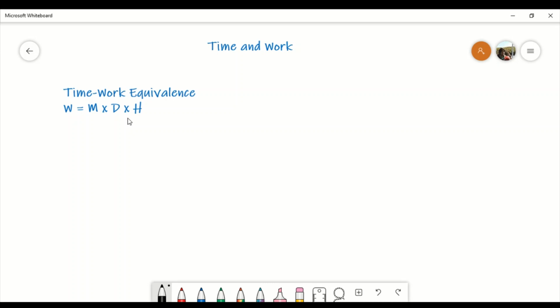This is an important formula, and we can solve most of the time and work related problems, if not all, using it. From this formula we can deduce lots of observations.